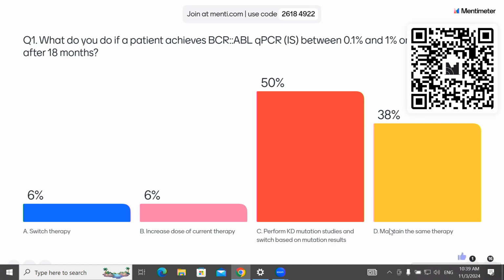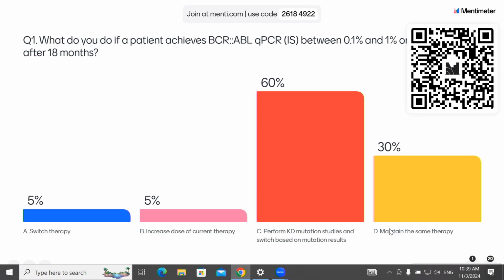Okay, very interesting. So majority wants to switch based on KD mutation and switch based on mutation results. And one third will maintain same therapy.